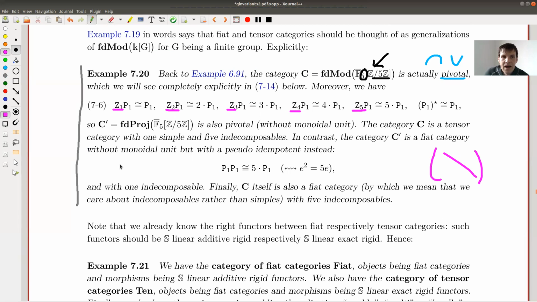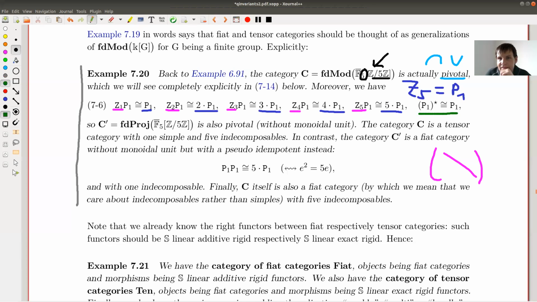Okay. And what you can do is actually, there's something funny. We'll see this in more generality, but taking the tensor product of any indecomposable with the one projective, so the Z5, the one projective indecomposable, always spits out the projective itself, either just itself, or twice itself, or 3 times itself, or 4 times itself, or 5 times itself.